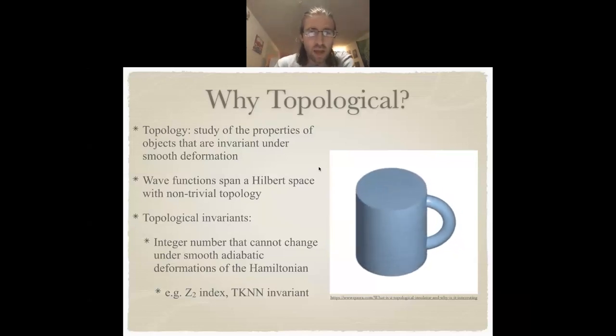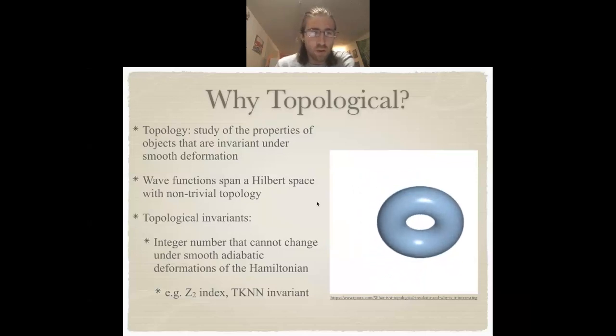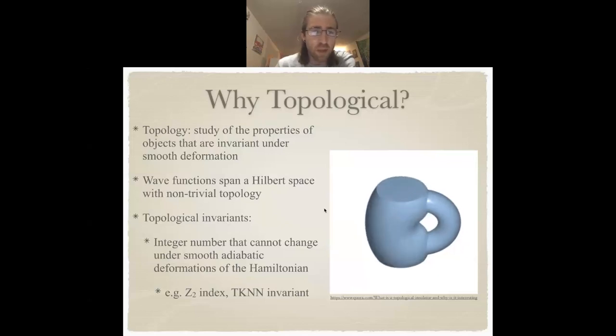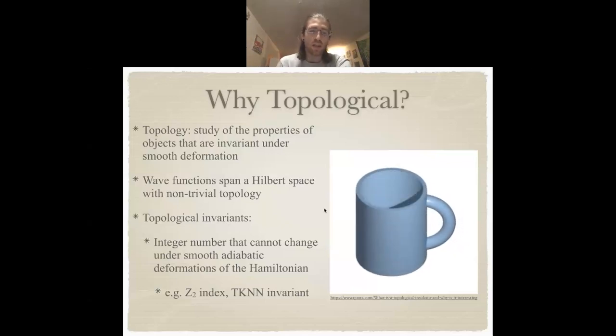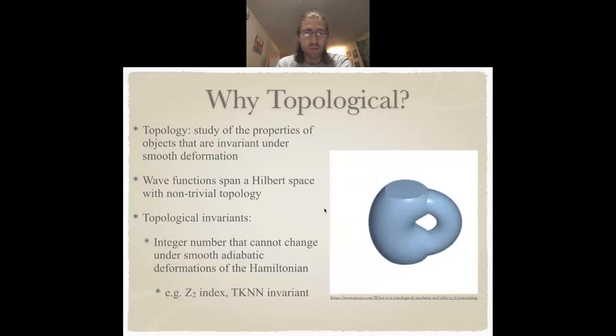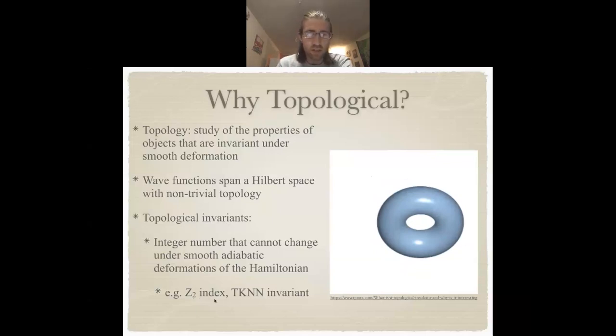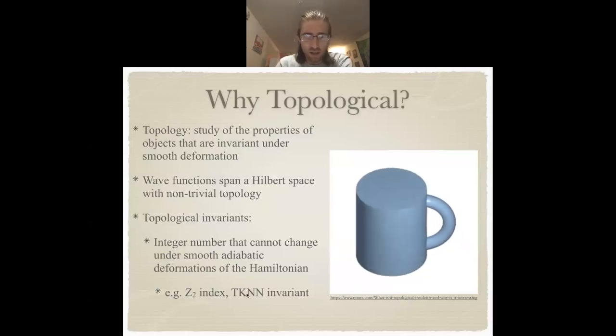And again, topological invariants can be defined which classify materials. These can be integer numbers or a quantization that doesn't change under a smooth adiabatic deformation of the Hamiltonian. Some examples would be the Z2 index for topological insulators and the TKNN invariant.